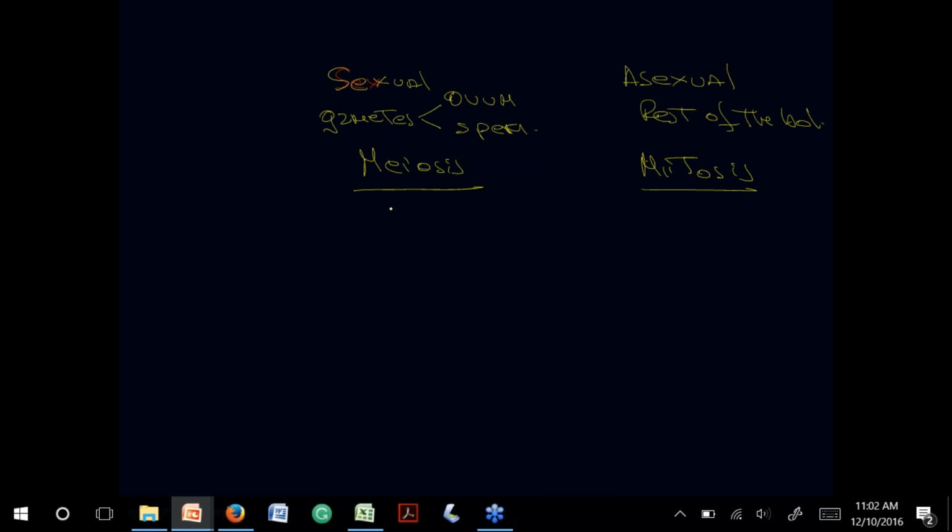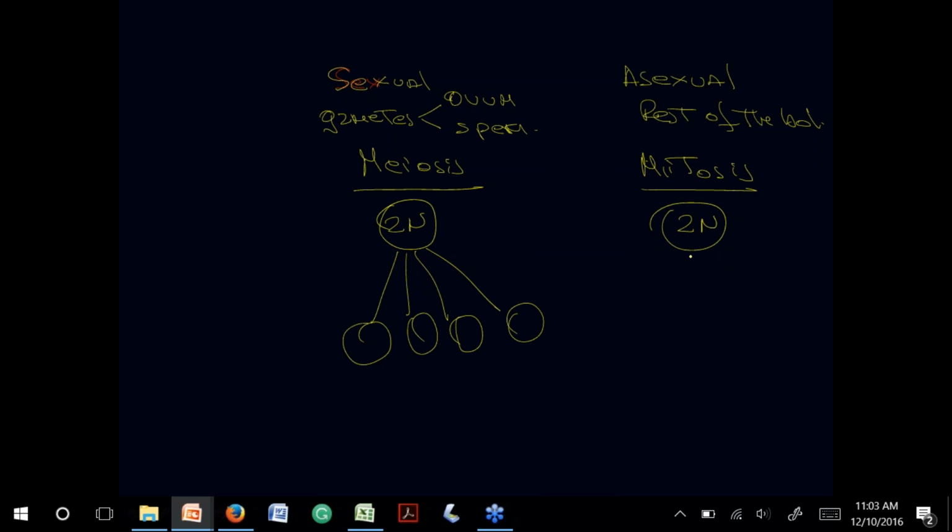Okay, in meiosis you have the mother cell 2N, and in mitosis you have 2N. In meiosis you're going to have two consecutive divisions. So at the end what we are going to have is four daughter cells, and in mitosis we have two daughter cells.